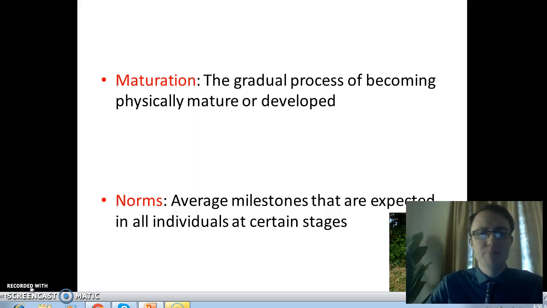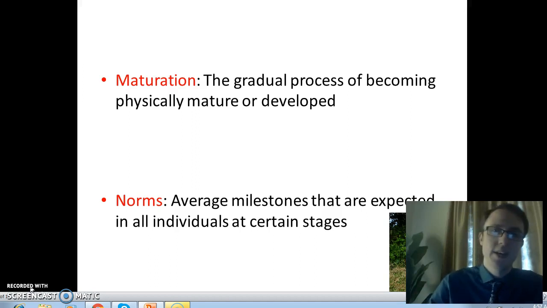Norms: average milestones that are expected in all individuals at certain stages. We've got a picture of a milestone there. In the olden days, if you were walking towards a destination, it would show you how far you had until you got there. If it was 40 miles to London, that would be a milestone, and you'd wait maybe another 10 miles to see the next milestone. So these are important stages.